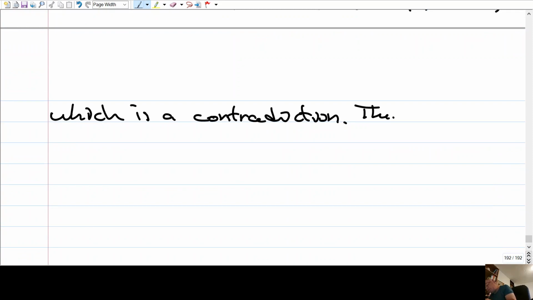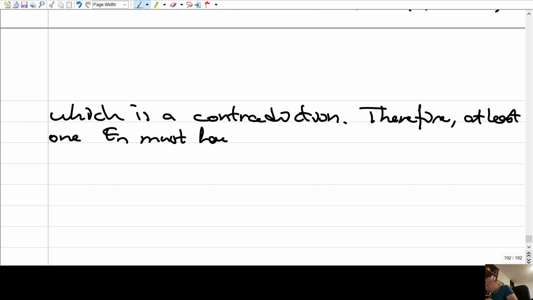Therefore, at least one En must have non-empty interior. Okay, and this finishes the proof.